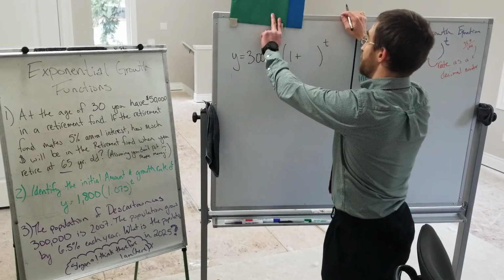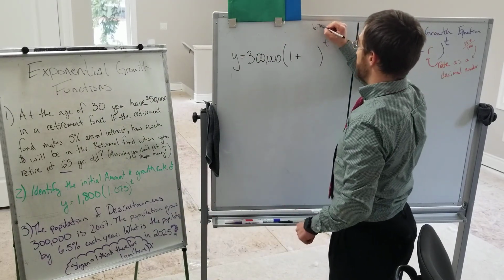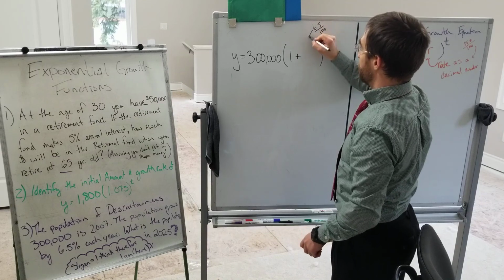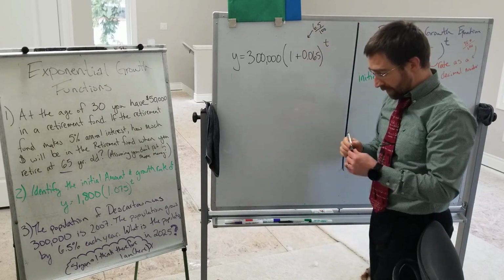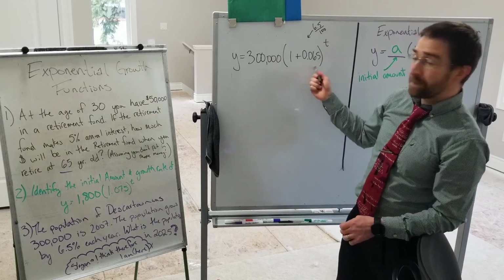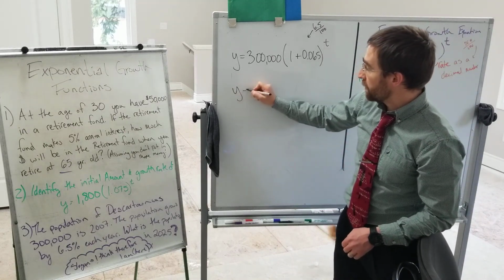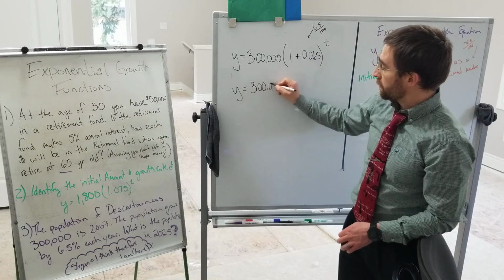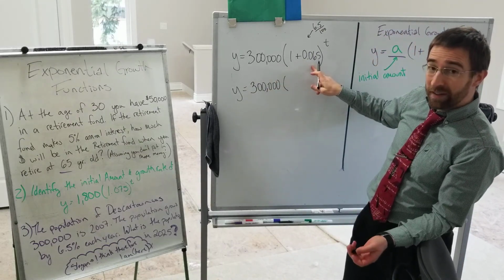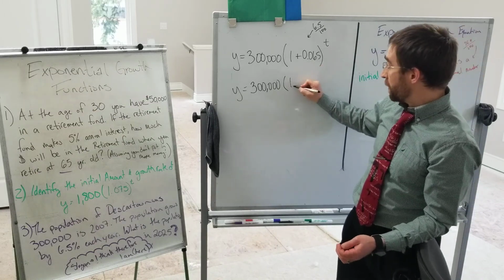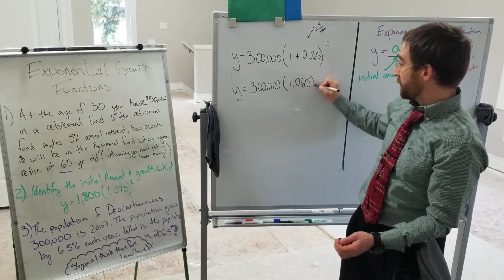So I'm going to go 6.5 divided by 100. That's 0.065. Now, this seems kind of silly to write, so I can just add 1 and 0.065 to get 1.065 to the t.